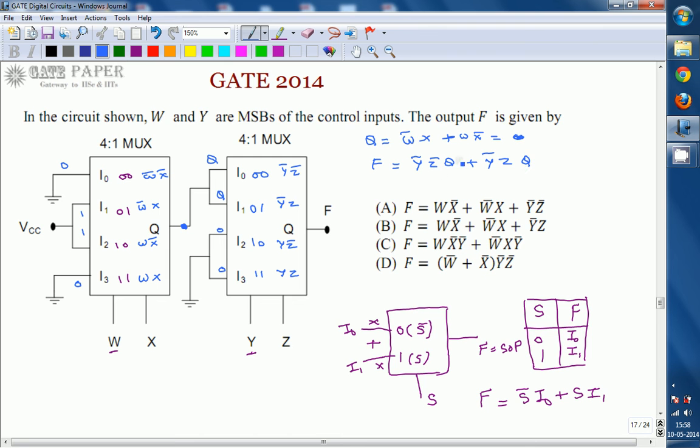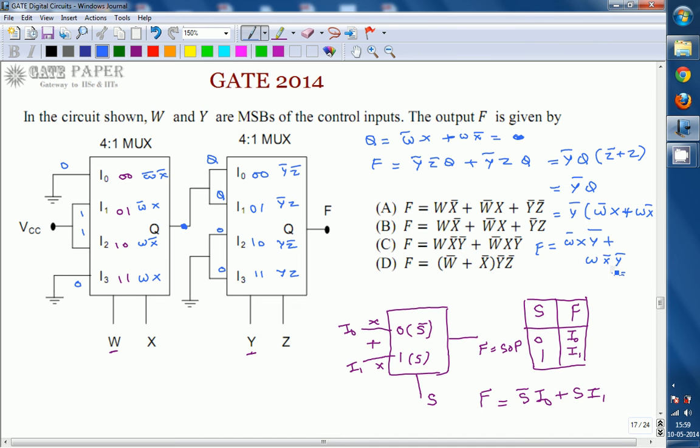Here Y bar Q is common. Taking Y bar Q common, what remains is Z bar plus Z, which is 1, so F is Y bar Q. Y bar into Q, with Q equal to W bar X plus W X bar, gives the final expression F is equal to W bar X Y bar plus W X bar Y bar.